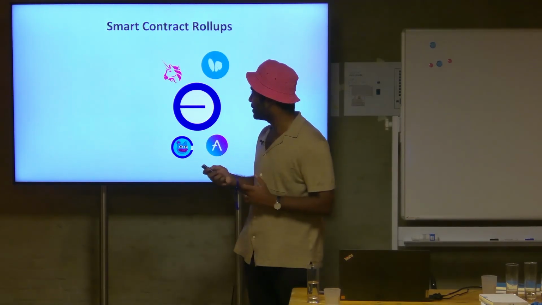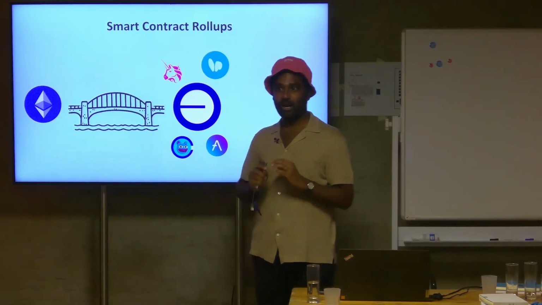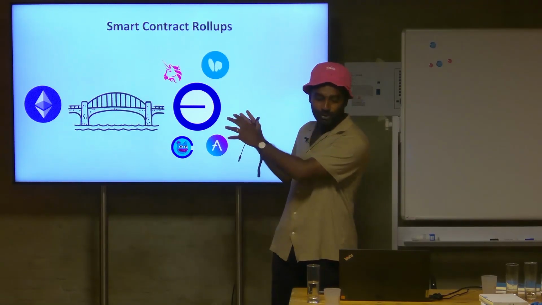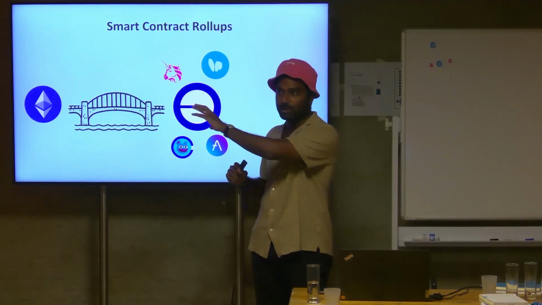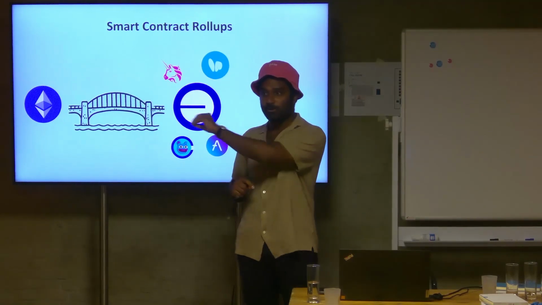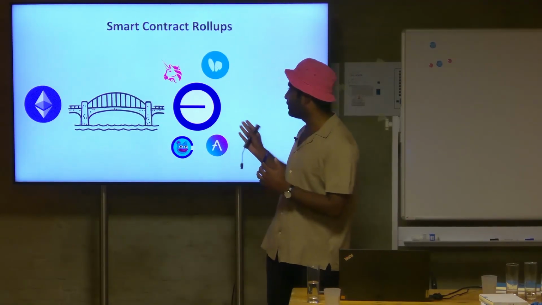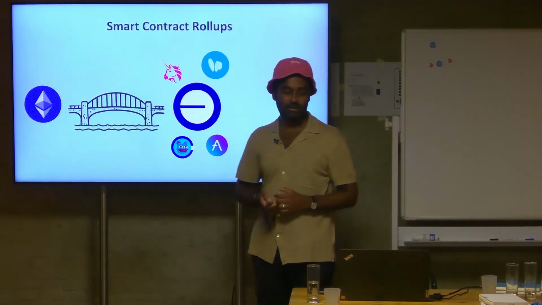So what actually makes it secure? You have Ethereum and you have this big old bridge connecting you to Ethereum. This is really critical for an L2. This bridge handles basically everything that's important on this blockchain. In particular, all the transactions in the blockchain end up going through this bridge at some point. So it's really important that the bridge is able to communicate down to Ethereum what's going on in this blockchain.